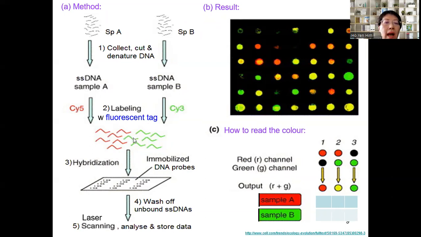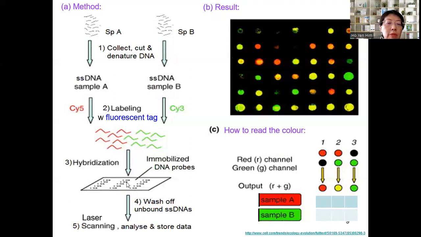After labeling, I will mix this DNA onto the microarray. My microarray already has a lot of DNA probes fixed or immobilized onto it. That means you stick those DNA probes onto the surface of the glass. So the DNA from species A and species B will bind to the DNA probe if they are complementary.